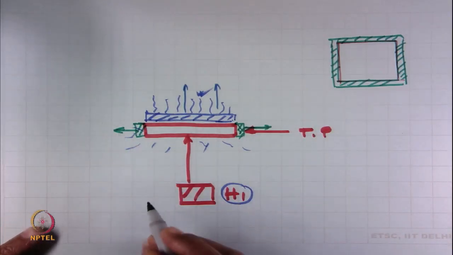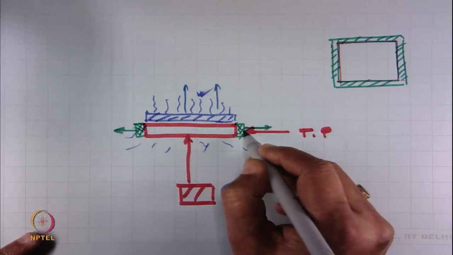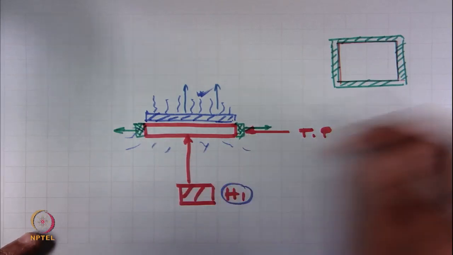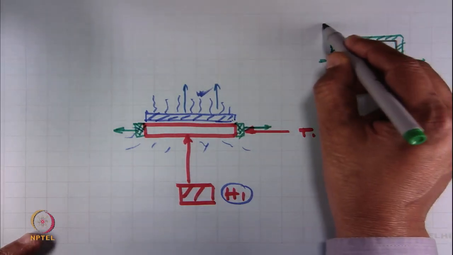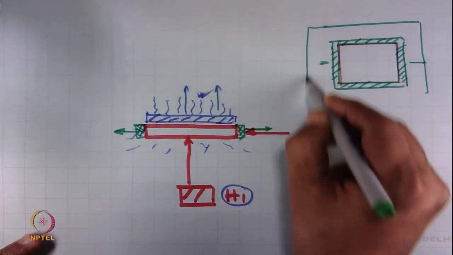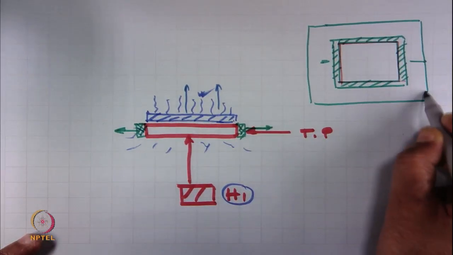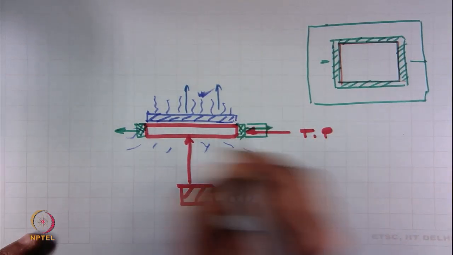But this insulation may not be sufficient, the heat will still try to flow in the sideway direction. So, for that we will provide another square guard ring. This is the guard ring.